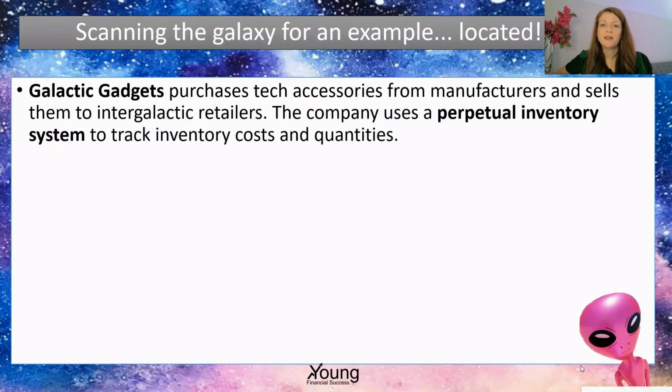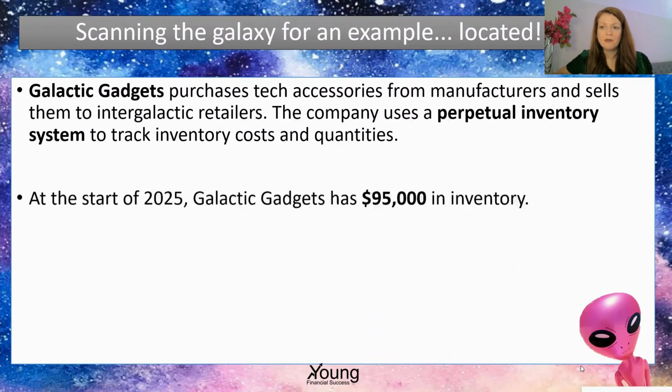That's really cheesy. I know, I'm sorry. It's fun though when you're working with all this accounting to get to add some creativity. So Galactic Gadgets purchases tech accessories from manufacturers and sells them to intergalactic retailers. The company uses perpetual inventory system to track inventory costs and quantities, so they're always keeping up with it.